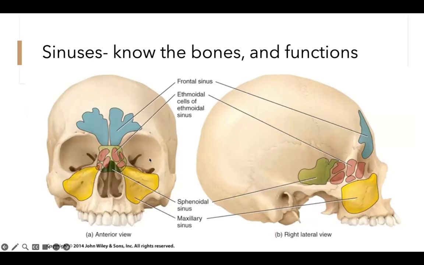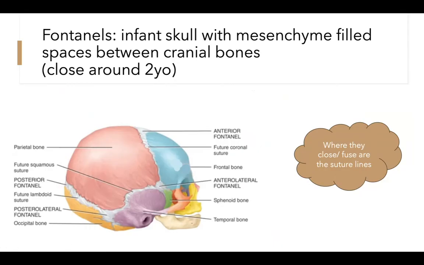All right, so from this anterior view, it kind of looks like the ethmoidal sinus is sitting right on top, but from this lateral view, you can see that the sphenoidal sinus is posterior to the ethmoidal sinus.